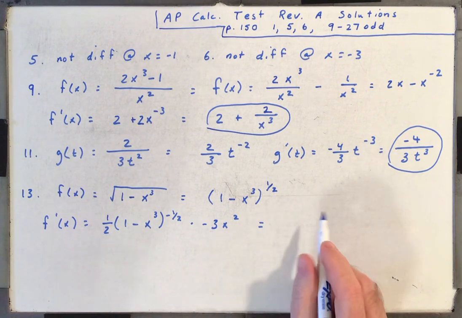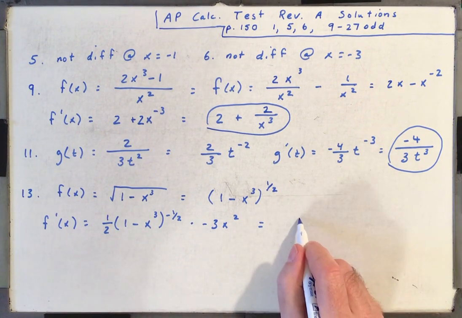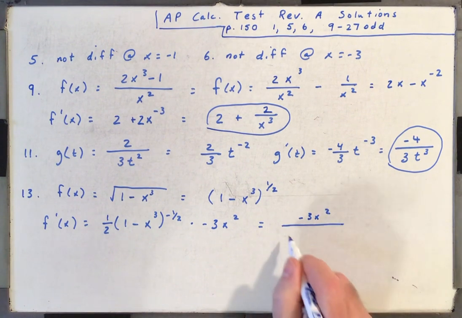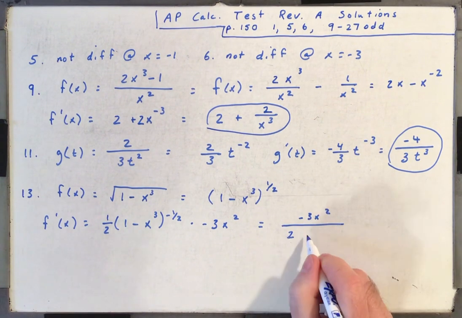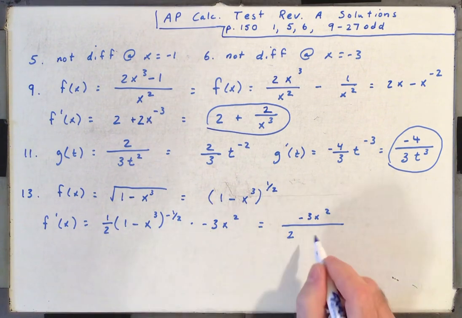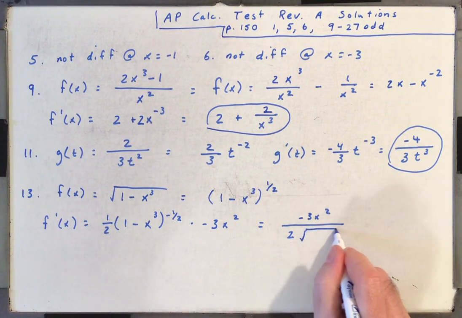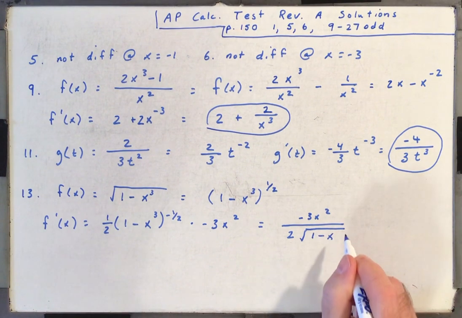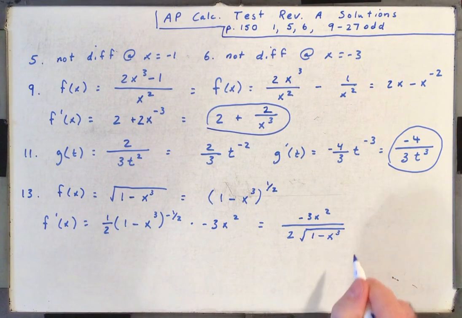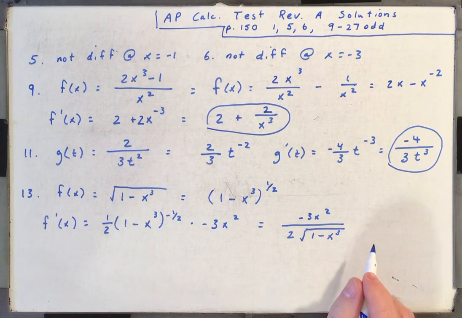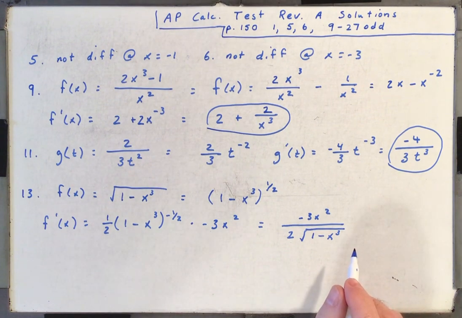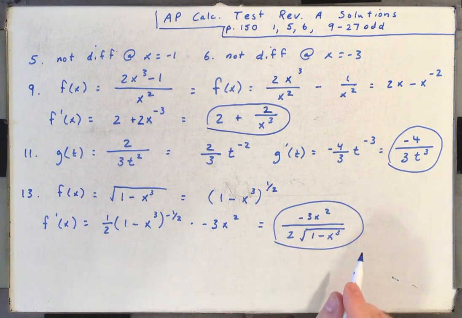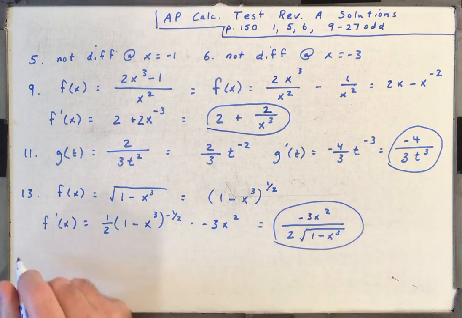I'm going to have a negative 3x squared on the top. And on the bottom, we would have a 2. And then you can write this with a radical or to the 1/2 power times the square root of 1 minus x cubed. All right. I don't see any more simplification there.